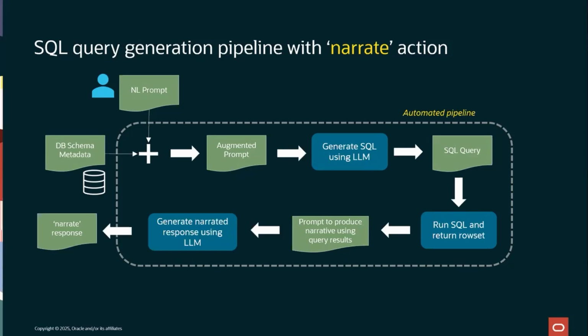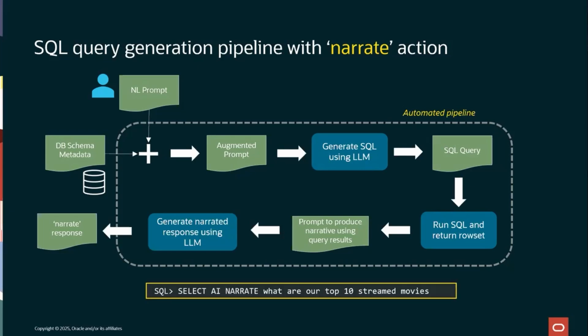So, if you're concerned about sending actual data to the LLM, you have at least two options. One, don't use this action, or use an LLM in an environment you feel comfortable with. Perhaps that's OCI GenAI service, or, as we'll discuss in the roadmap section, a private endpoint. And as we'll see shortly, narrate is also used for retrieval augmented generation.